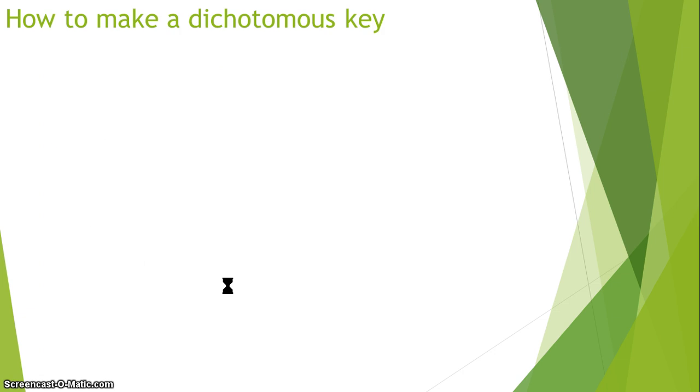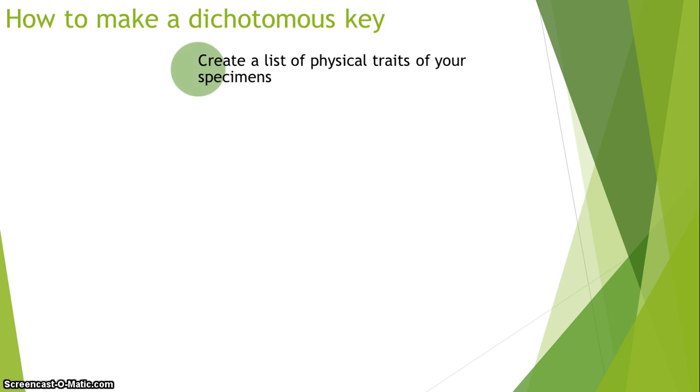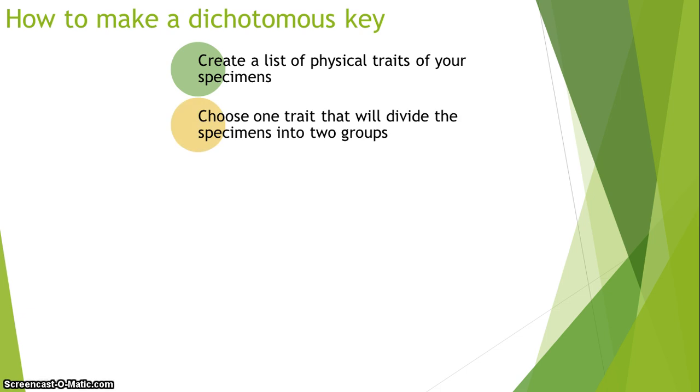So let's go back over those steps. Firstly, when making a dichotomous key, you need to look at your specimens and create a list of all the physical traits that you can observe. You then need to choose one trait that will divide the group specimens into 2 broad groups. This trait will be written as a 2-option question so that we can separate them.